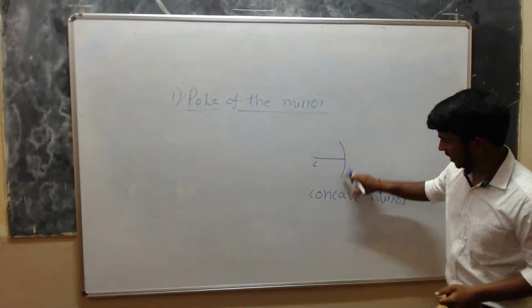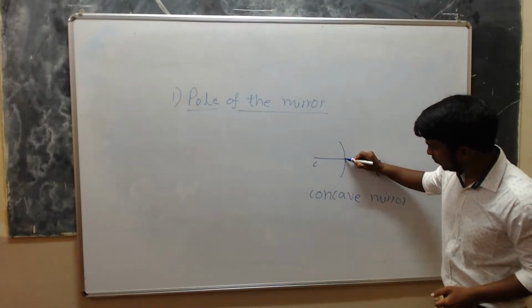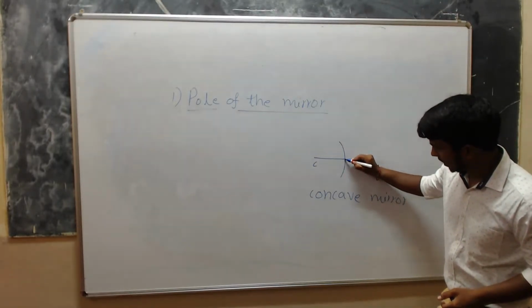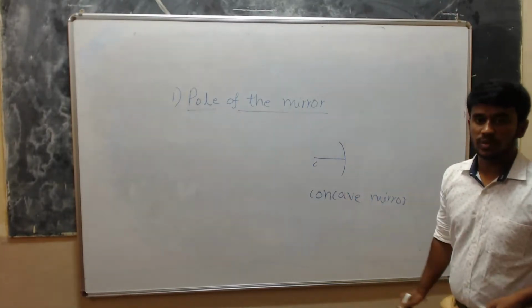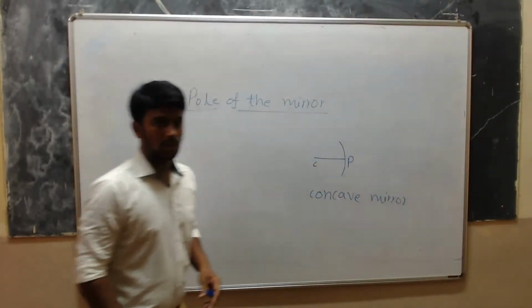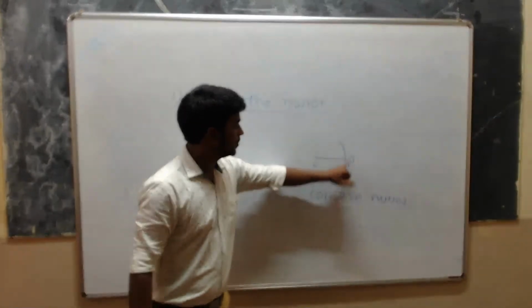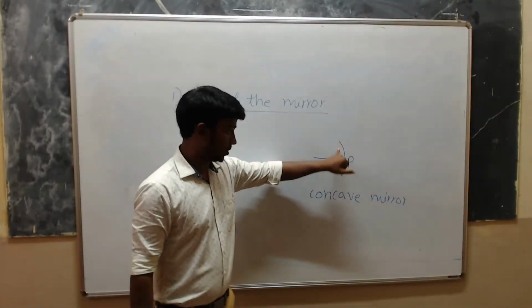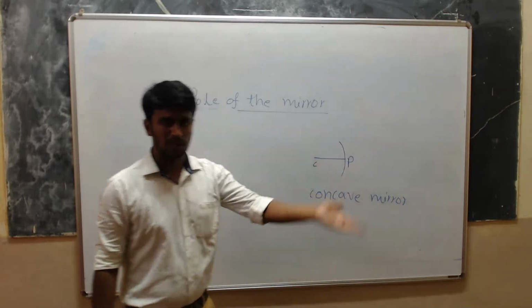Now this is the reflecting surface. The exact midpoint of this mirror is called the pole of the mirror. The exact midpoint of the mirror, concave or convex, whatever it is.